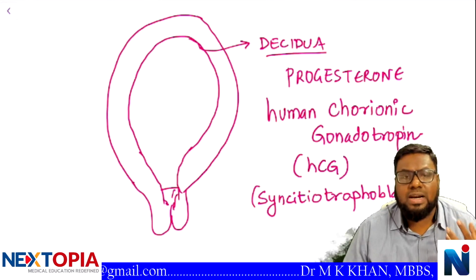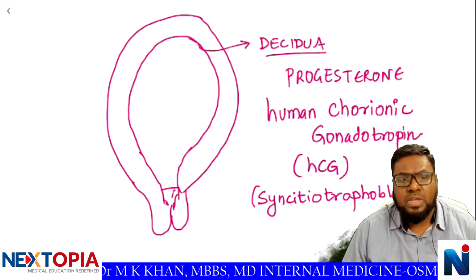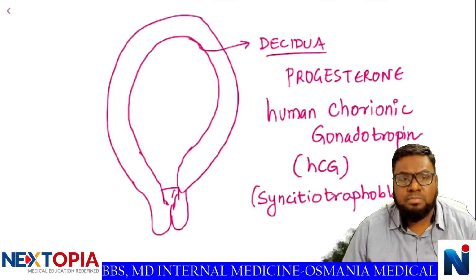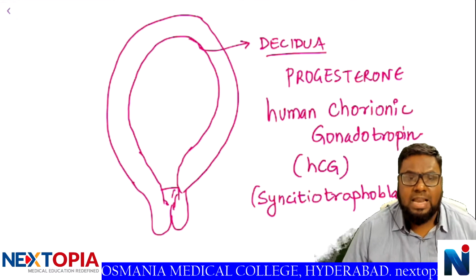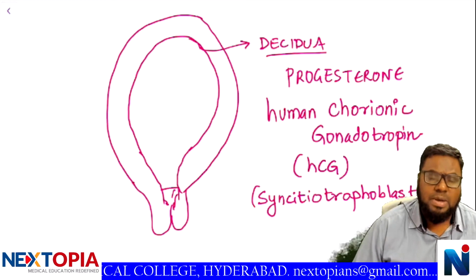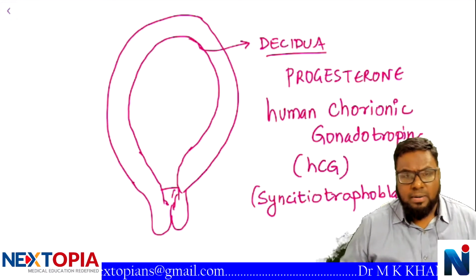You call it decidual reaction. These decidual cells, or transformed cells, increase in size and number, and they help in the growth of the embryo. They help in the implantation of the embryo by providing glycogen, lipids, and various other nutrients.